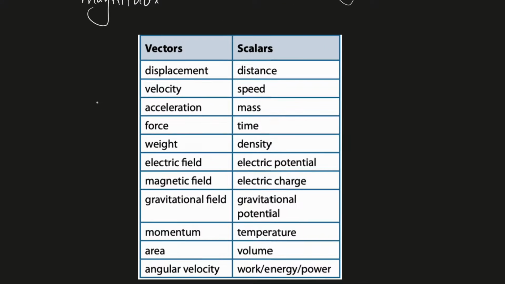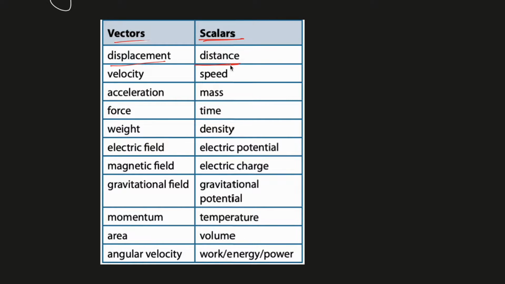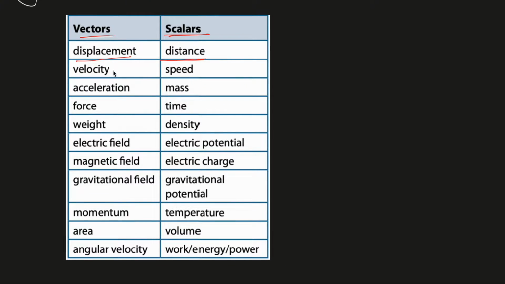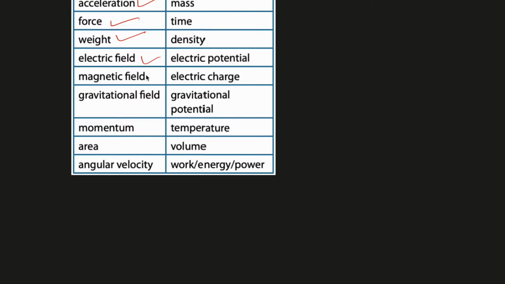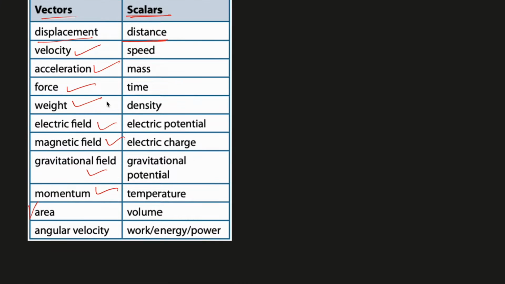Here are some examples of vector and scalar quantities. Velocity is a vector quantity, and distance is a scalar quantity. Acceleration, force, weight, electric field, all fields are vector quantities. Momentum and angular momentum are also vector quantities. Area sometimes can be taken as a scalar quantity and sometimes as a vector quantity. Angular velocity and angular momentum are also vector quantities.